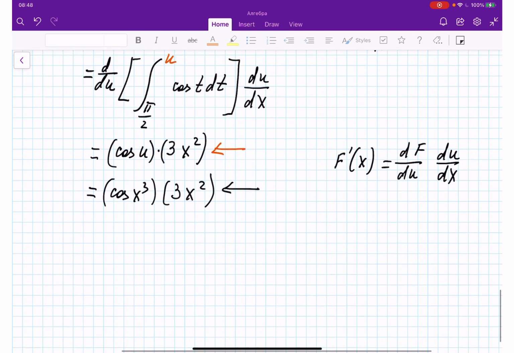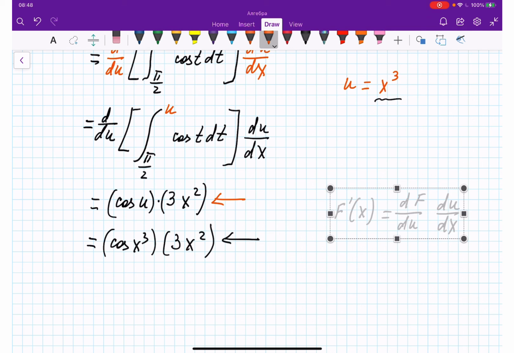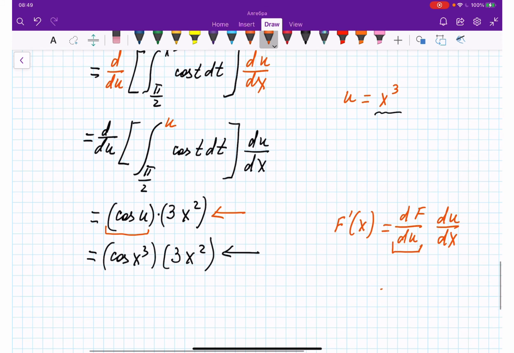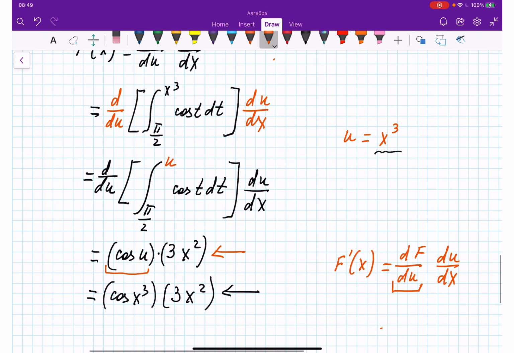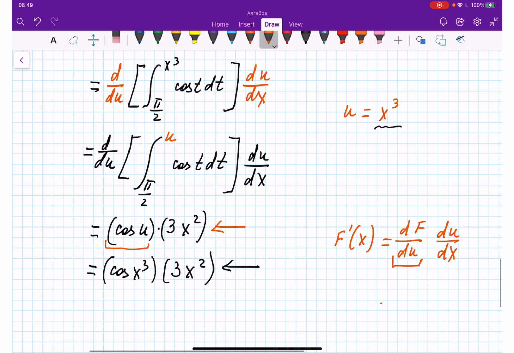Okay, so what do we have? df by du, which is going to be our cosine u after we replaced cosine t with u, we got cosine u, correct?